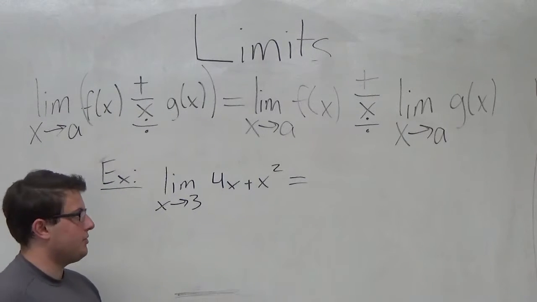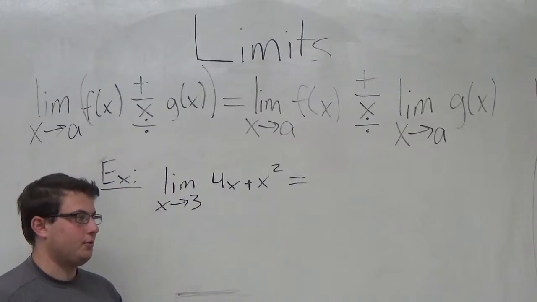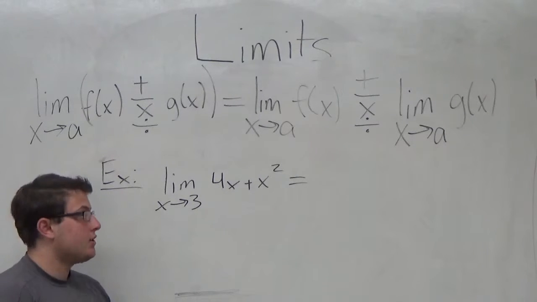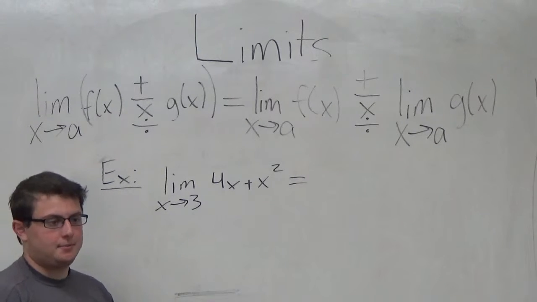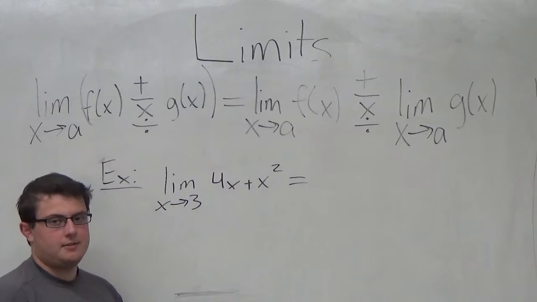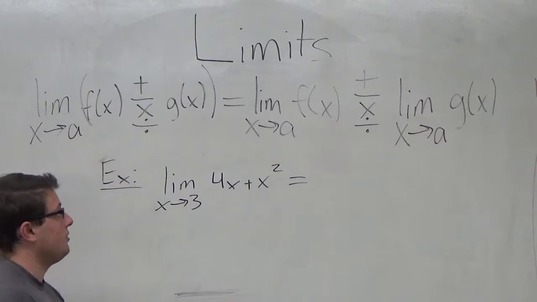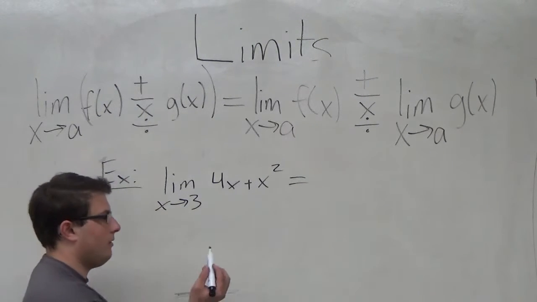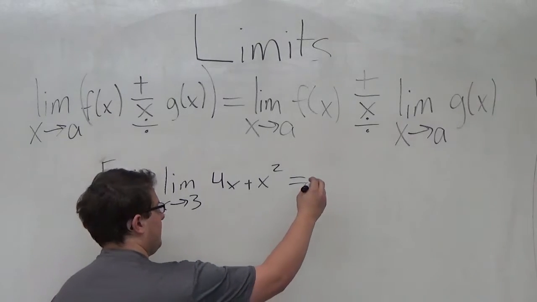Now at first glance these rules seem very difficult. I'm just going to explain them through this very simple example. What I have here is the limit as x approaches 3 of 4x plus x squared. Using this first rule, I'm just going to go through the problem and show you what it means.